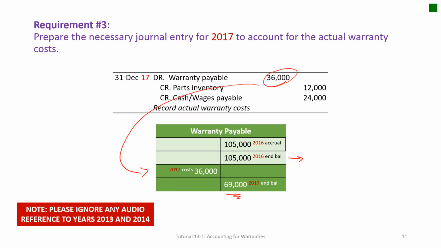Or to make it easy, you can track each year's warranty separately and then add the balances in the T accounts. So this doesn't mean that the company no longer sells or includes warranties with their product. It simply means that we're being careful to account only for the warranties associated with the 2013 sales. And what we're left with then is a balance at the end of 2014 of $69,000 going forward to cover the remaining 2 years.